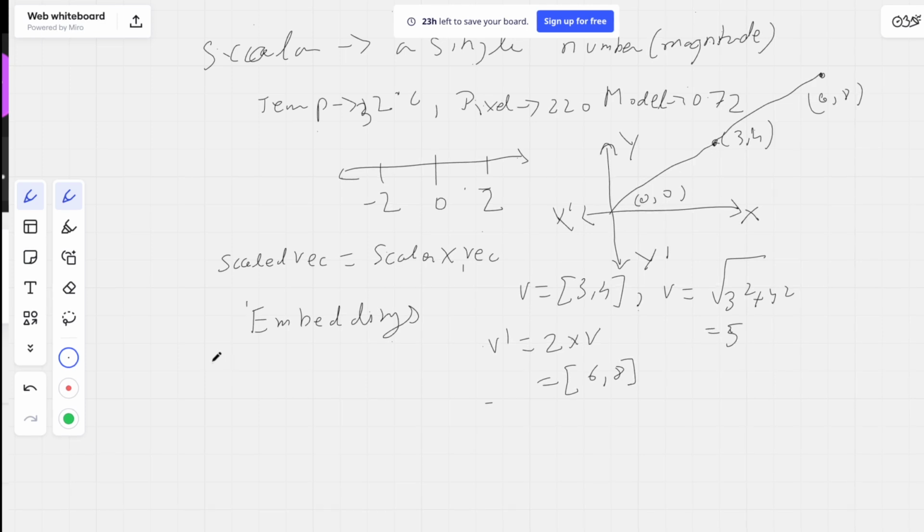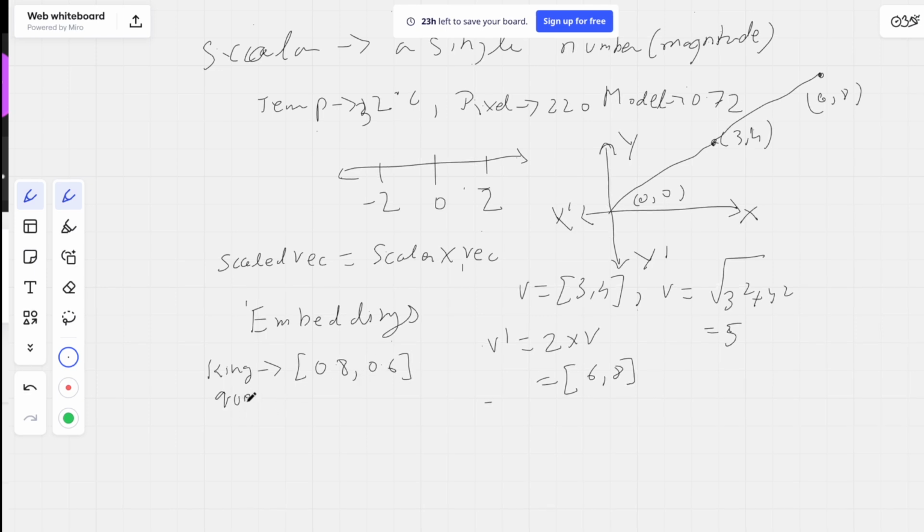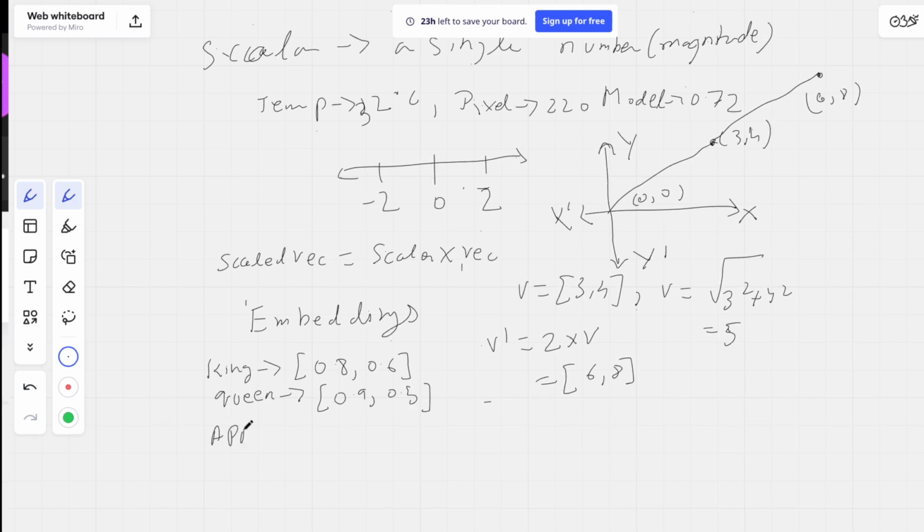Let's take for example a word like king, which is represented by the vector 0.8 comma 0.6, queen, which is represented by the vector 0.9 comma 0.5, and apple, which is represented by 0.1 comma 0.9.